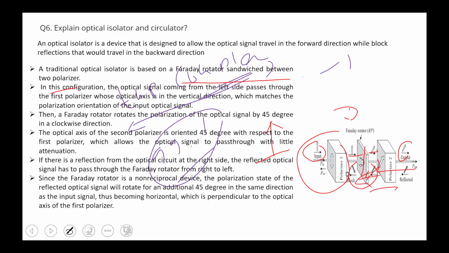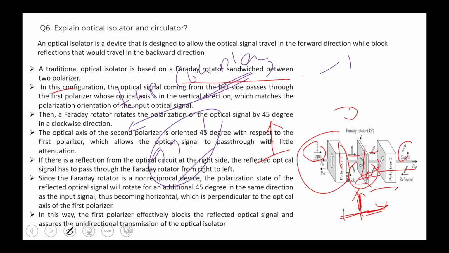Since the Faraday rotator is a non-reciprocal device, the polarization state of the reflected signal will be rotated by an additional 45 degrees in the same direction as the input signal, so it is rotated by 90 degrees in total, thus becoming horizontal, which is perpendicular to the first polarizer axis. The first signal is vertical and the reflected one is horizontal, so it will not pass back. In this way, the first polarizer effectively blocks the reflected optical signal and achieves unidirectional transmission of the optical isolator.